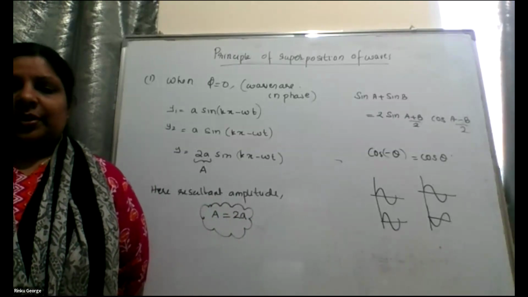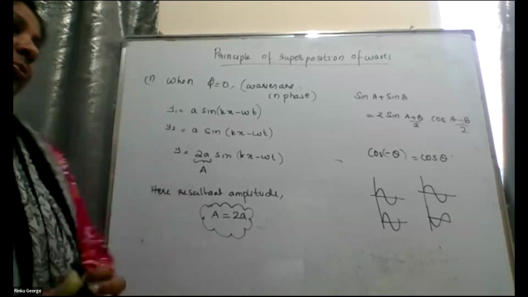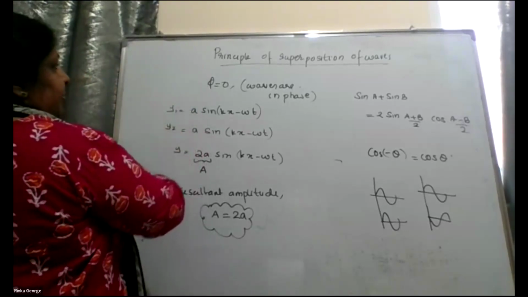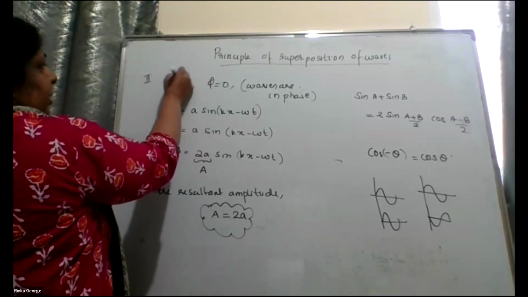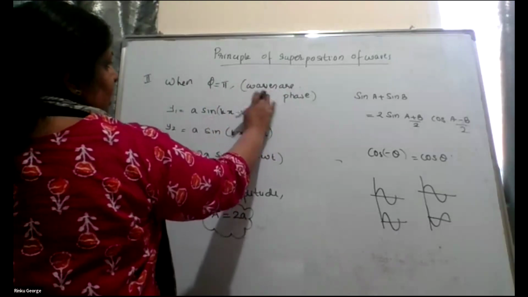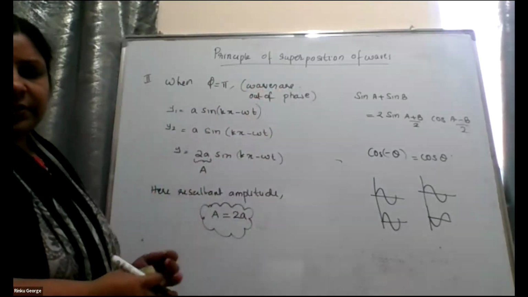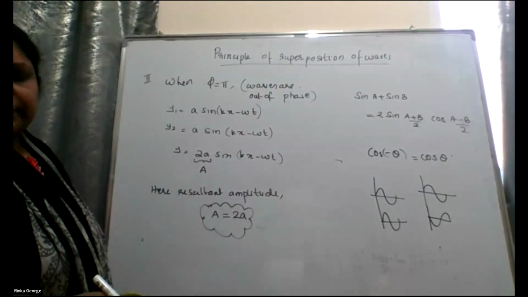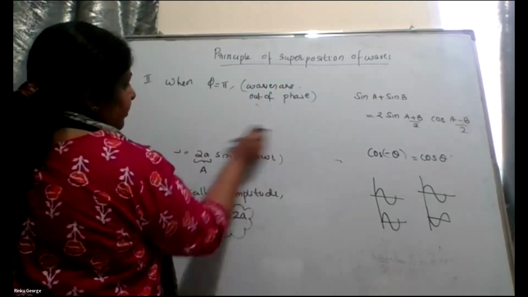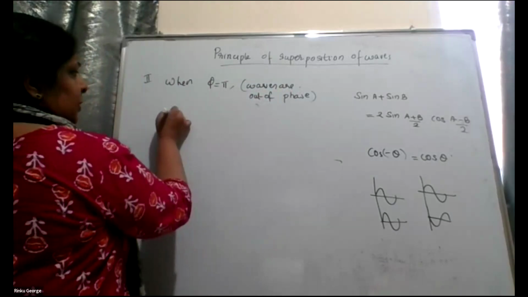Done, right? Now second, when phi is equal to pi, that's case 2. When phi is equal to pi, waves are out of phase. No need to write equations and all.